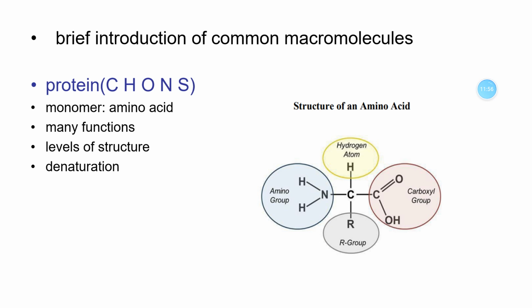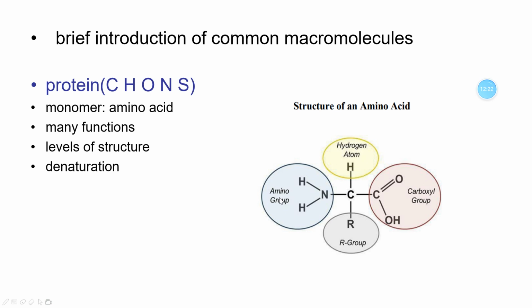The second one is about protein. We can consider there are 4 parts in an amino acid. The center is a carbon atom, and there must be a hydrogen atom.